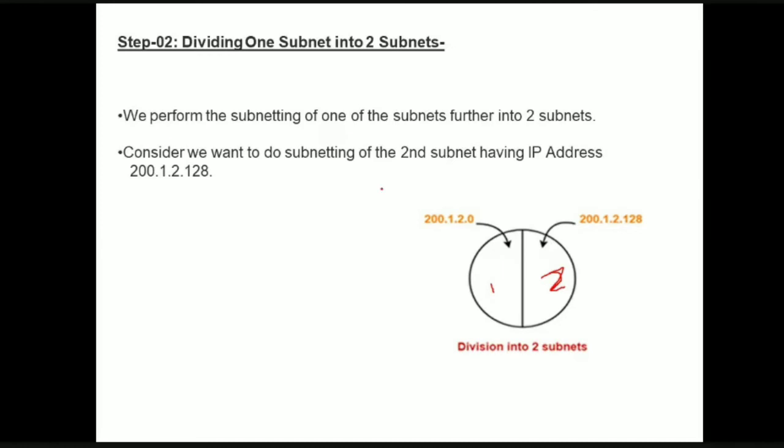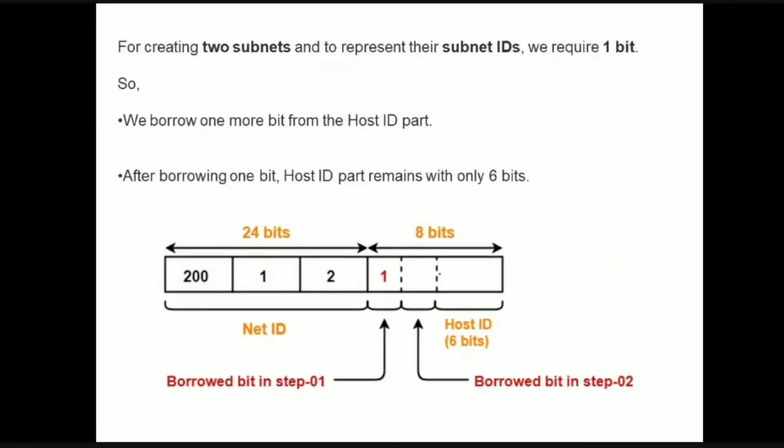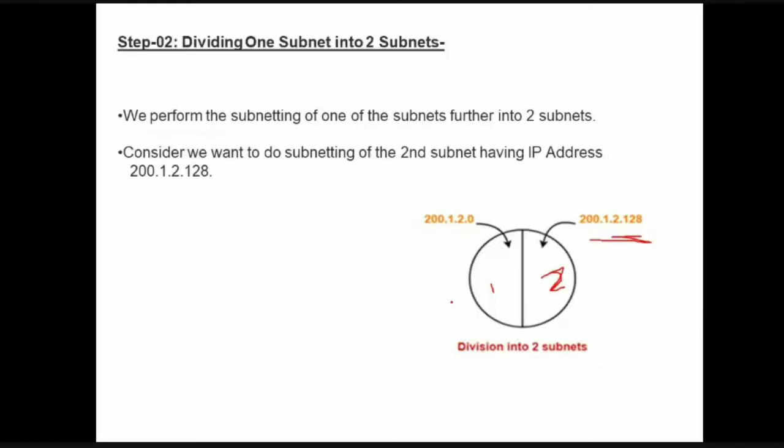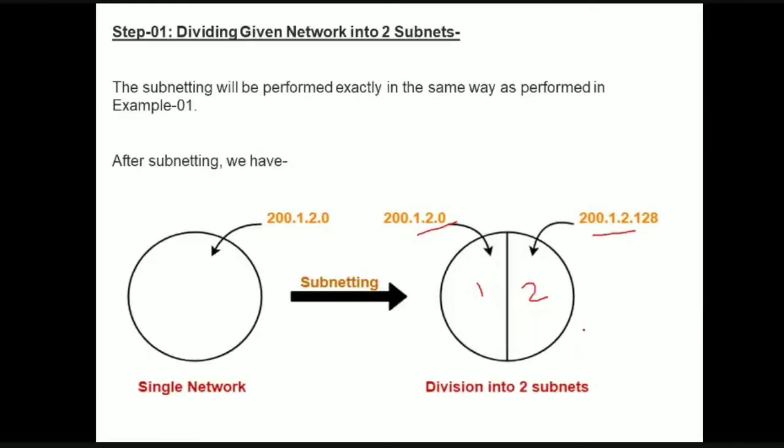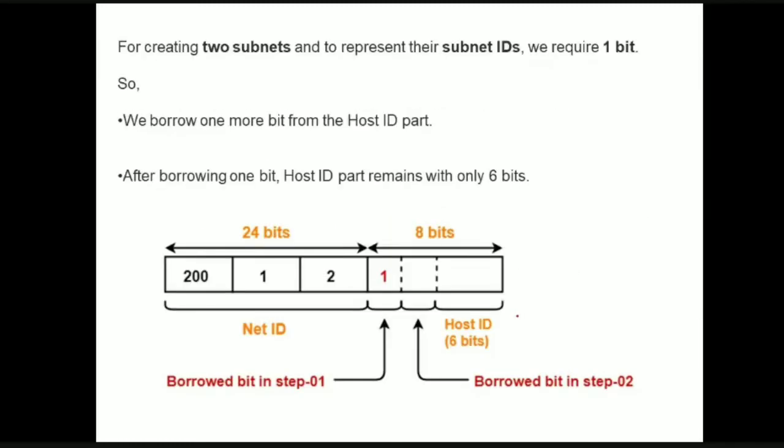Now, let us consider we want to do subnetting for this IP address, the second subnet, that is 200.1.2.128. So what do we do? How many total subnets do we require? 3. Initially we divided this complete network into 2 parts, right? To divide this complete single network into 2 parts, how many bits do we require? Only 1 bit. So we took this 1 bit here.